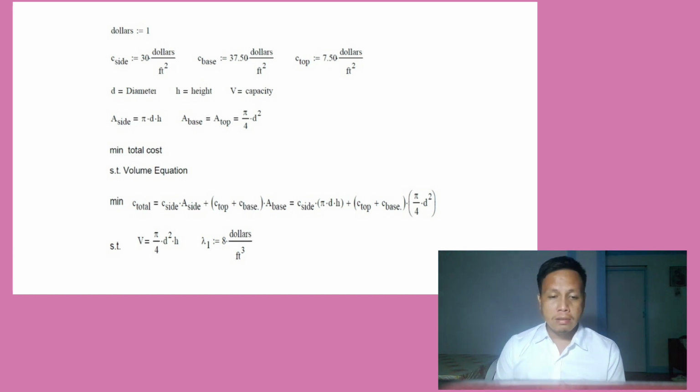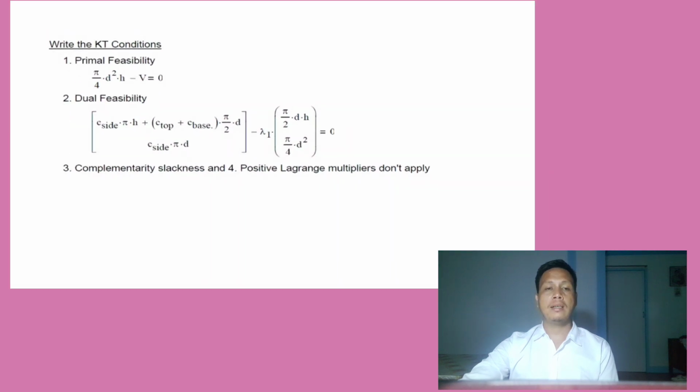Subject to the volume being equal to pi over 4 d squared times height, and lambda 1 is equal to $8 per cubic foot. It's the capacity, or the additional cubic foot, which is $8.